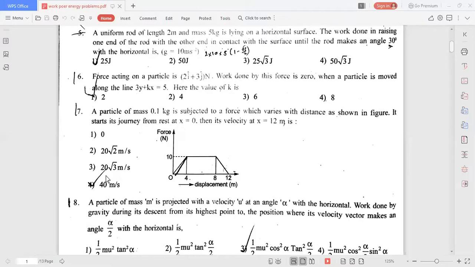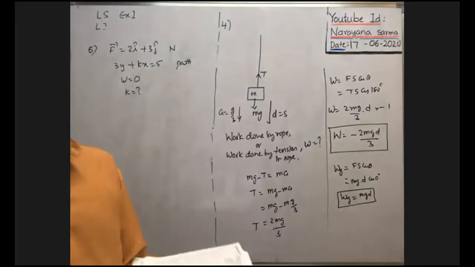Work done by the force is 0 when the particle is moved along the line 3y plus kx is equal to 5. That is the path of the particle. Work done is equal to 0, given. Then what is the value of k? It's a very important problem, previously asked. Now I think you have seen the sixth problem. Now all of you look at the board. All of you see here.